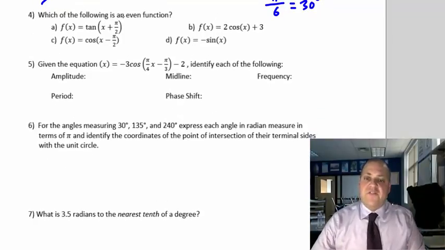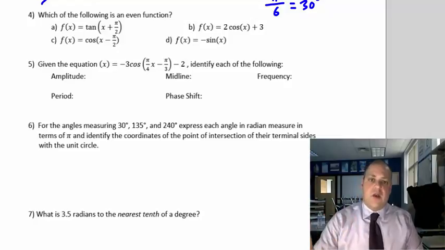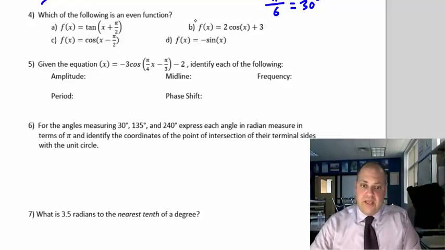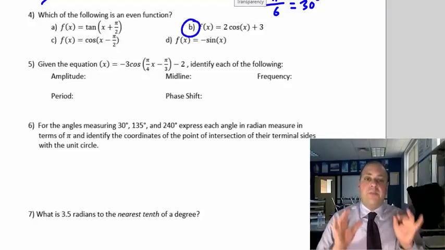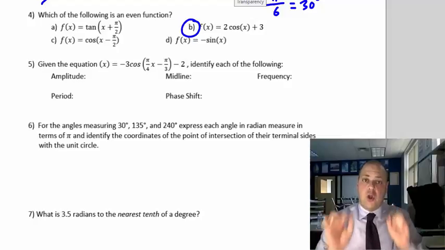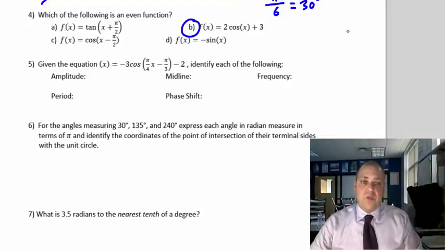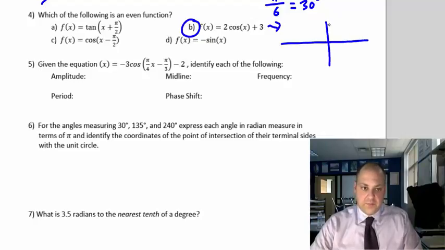Which of the following is an even function? I could show each of these, but it would take a while on the graphing calculator. I did them ahead of time. The answer is B. You will have to type each of them into your calculator and look for symmetry over the y-axis. So I'm going to draw this one for you. This B, 2 cos x plus 3, looks like this.